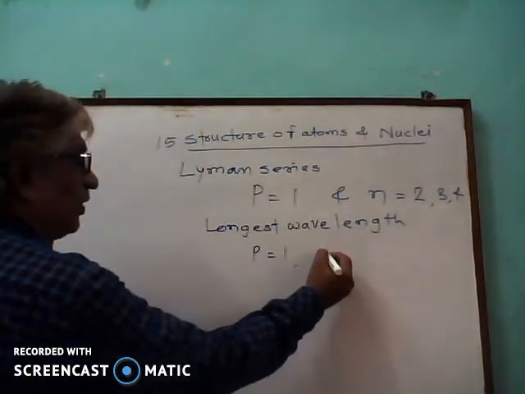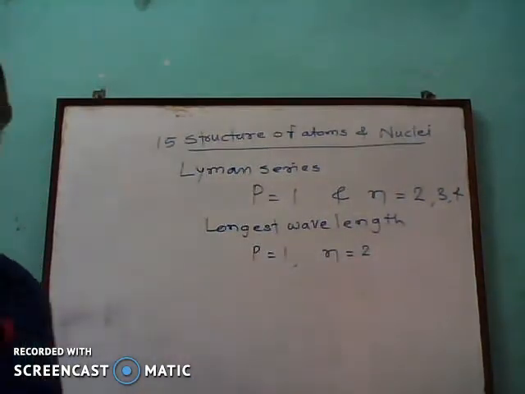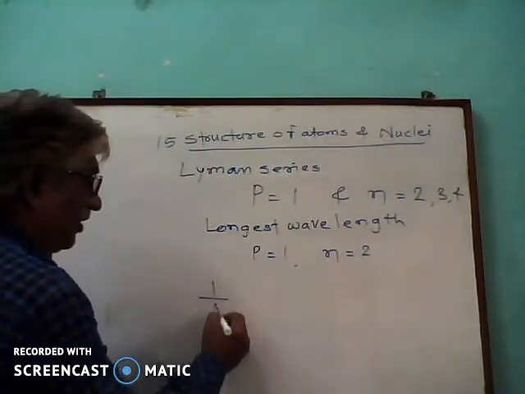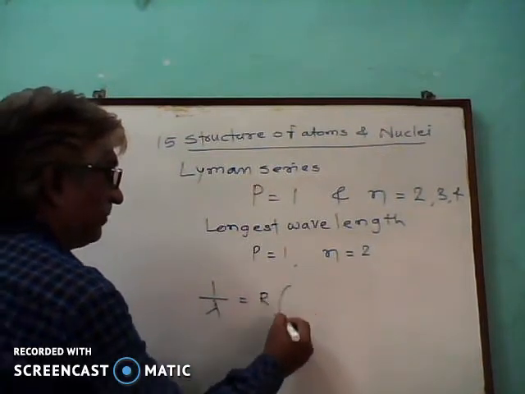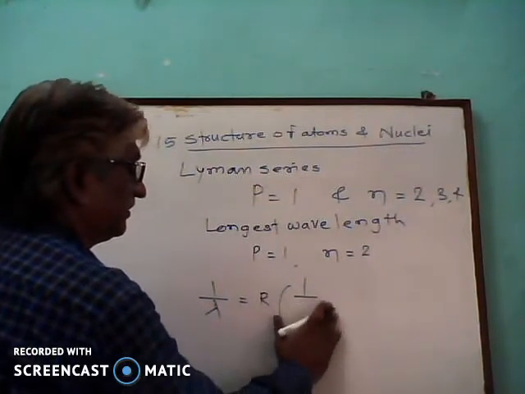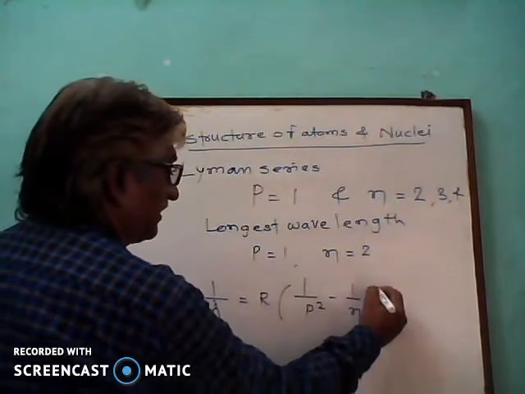Take p equal to 1 and n equal to 2. So using Bohr's formula, 1 upon lambda is equal to capital R in bracket 1 upon p square minus 1 upon n square.